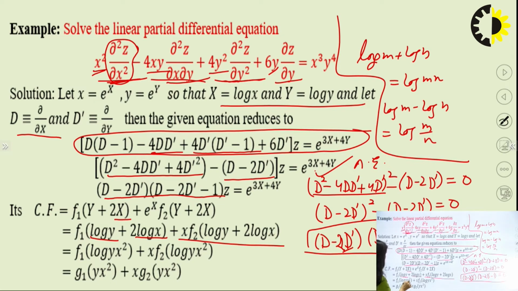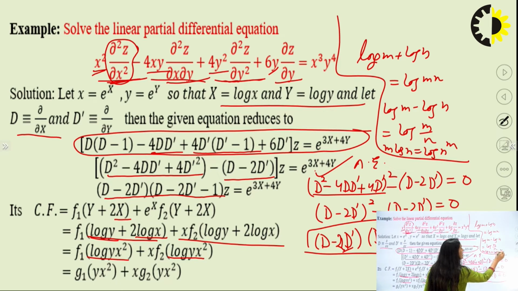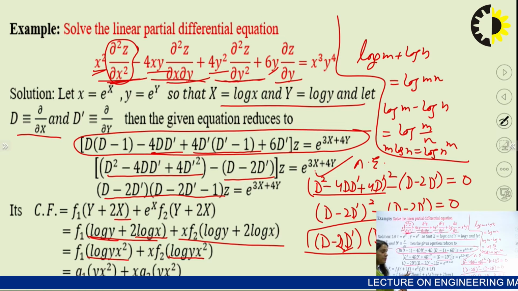So now you see here we will get log y into x square plus x f2 log again y into x square, because we also know that m log n is equal to log n to the power m. So this 2 log x will become log of x square, and then on applying the addition formula we will get log y x square.